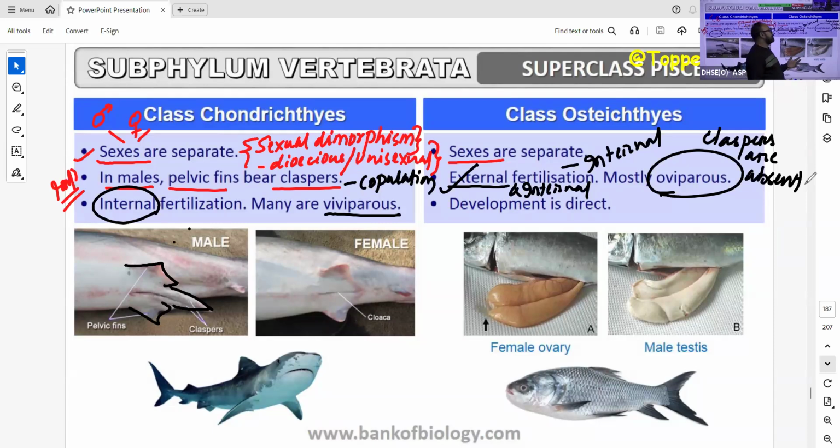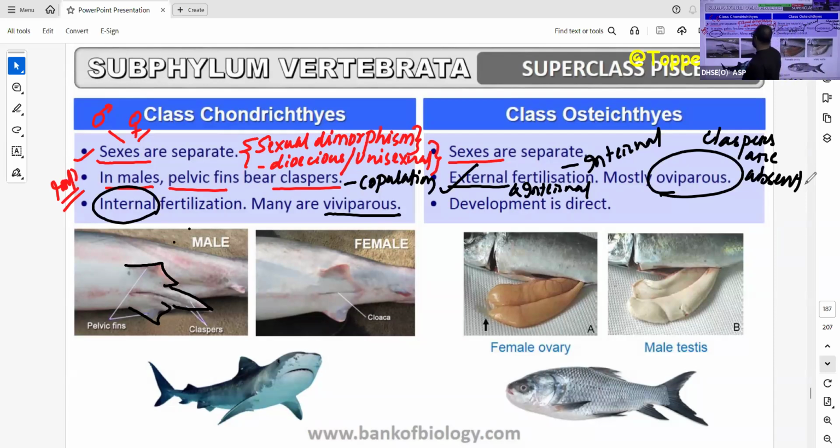Because if the fertilization is internal, then the eggs have to be inside the organism. Suppose it is external, then both eggs and the sperm shall be given out and the fertilization will occur in water. So, the one you bring from the market is normally a female.